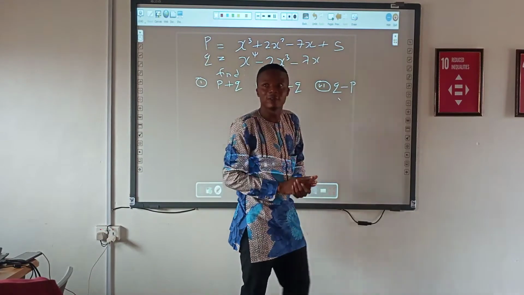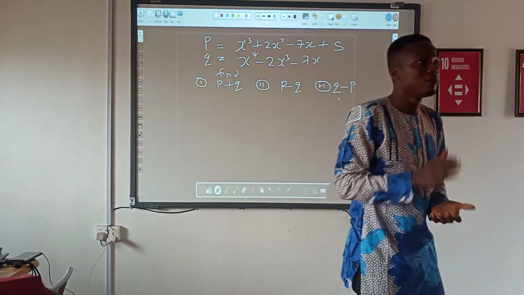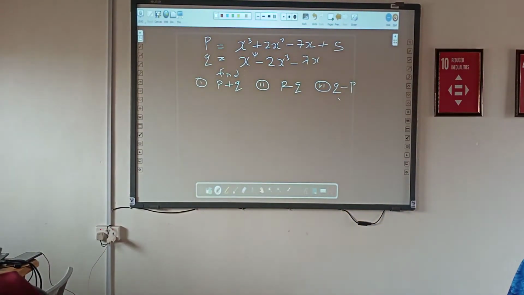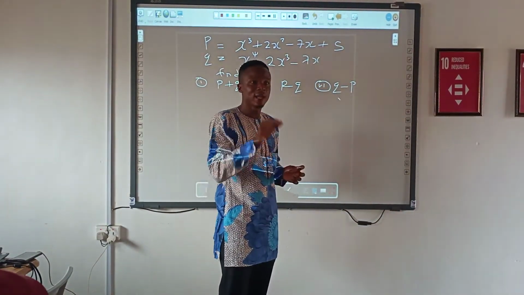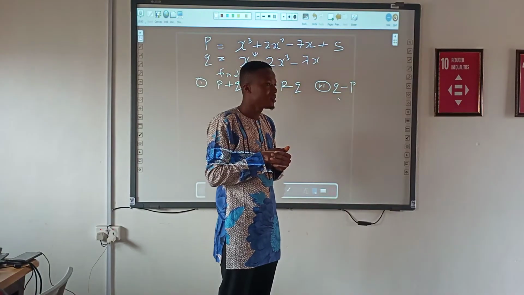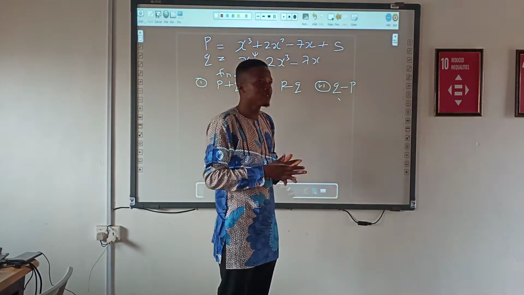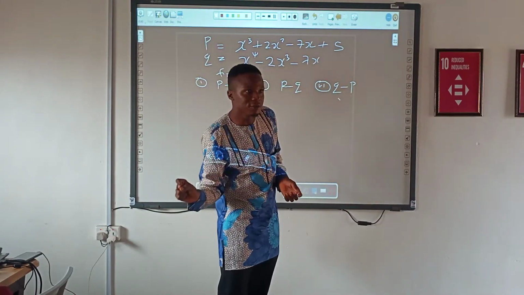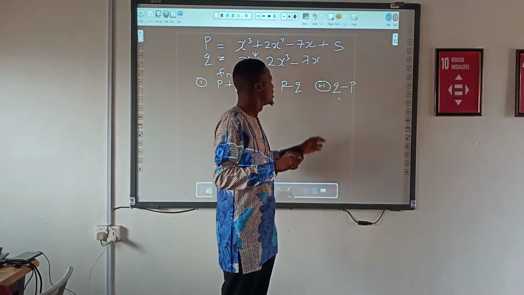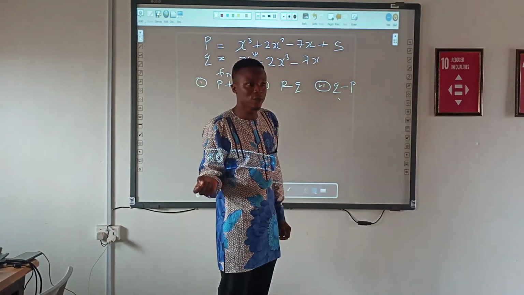For example, 2 plus 5 and 5 plus 2. The interchange I made, did it change the value of our answer? No. Now 5 minus 2 is 3. 2 minus 5, did it change our answer? Yes. So is subtraction commutative? Today you've known that subtraction is not a commutative operation.